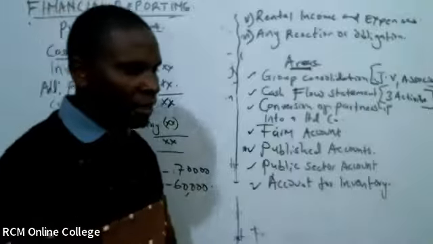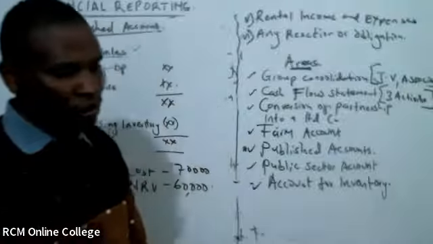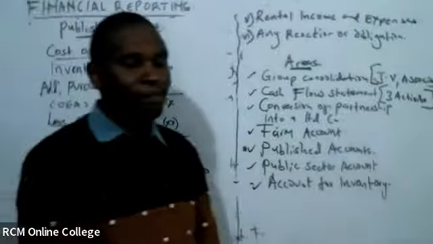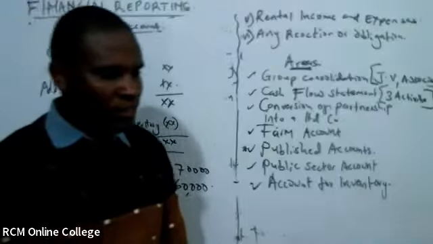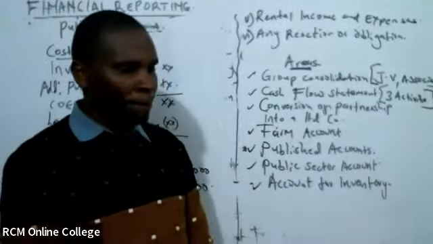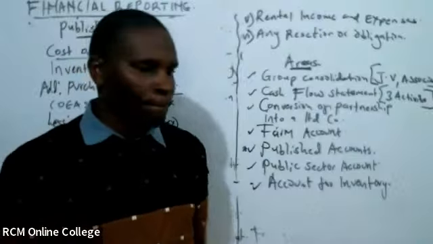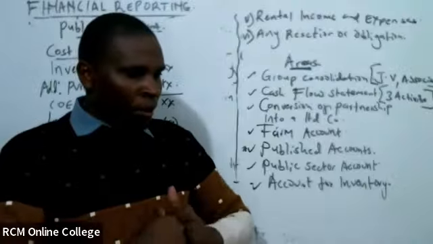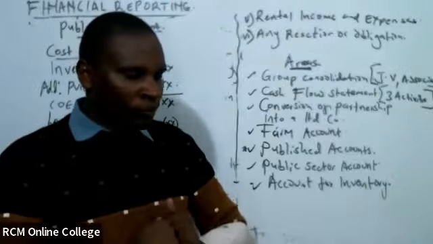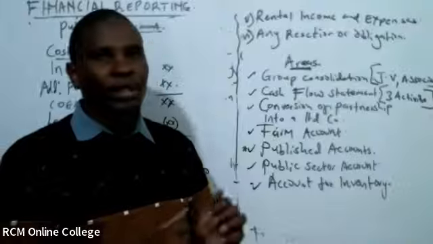At cost. Miratuambia, at cost. At cost. 60,000, Kevin. Okay.